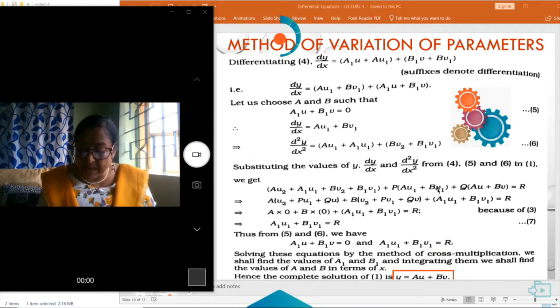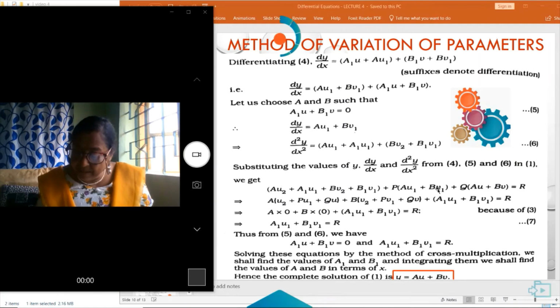Now dy/dx after differentiation can be written as shown, and dy/dx is equal to au1 plus bv1 plus a1u plus b1v. So let us consider a1u plus b1v is equal to 0. From that we get dy/dx equal to au1 plus bv1, and d2y/dx^2 as shown on your screen.